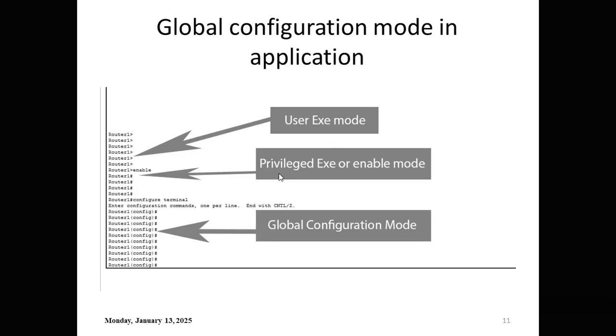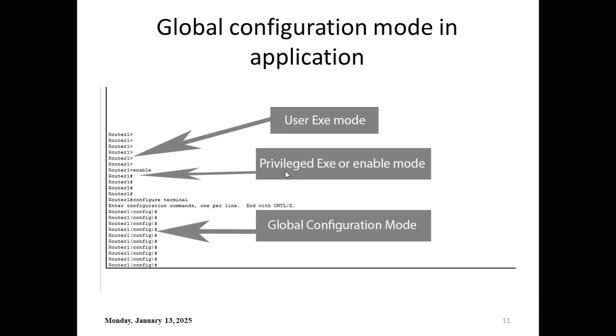So we have a breakdown. The user exec mode, you identify it by this symbol. For example, if you have a router, then in this mode, if you type the command enable, it leads to the privilege exec mode, or what you call enable mode.